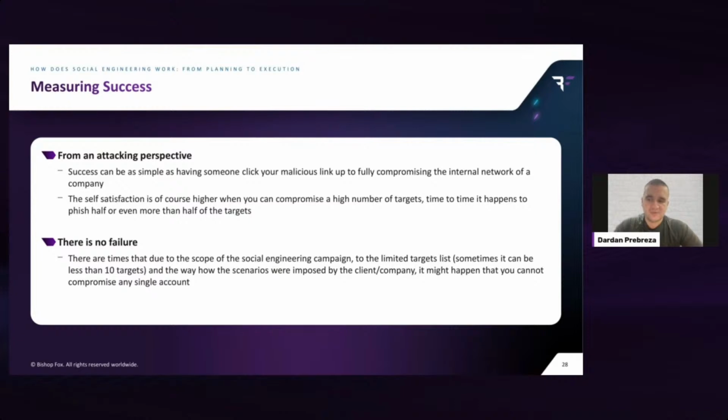From time to time, it happens to phish half or even more than half of the targets. In general, I would say there is no failure. There are times that, due to the scope of the social engineering campaign and a limited target list, sometimes fewer than 10 targets, and the way the scenarios were imposed by the client or the company, you cannot compromise any single account or any single system.